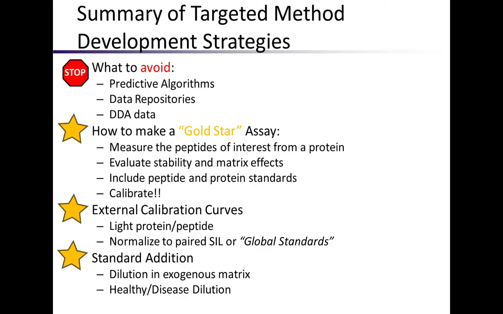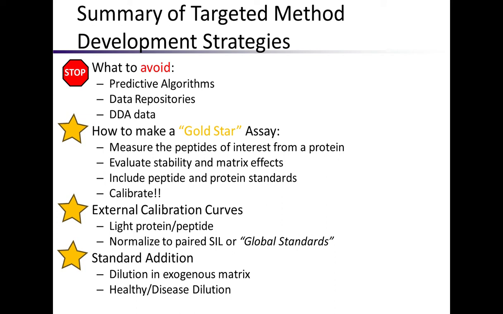So with that, I just want to summarize the important things about targeted method development strategies that we've talked about today. Things to avoid are predictive algorithms, data repositories, and DDA data. These don't accurately reflect what you're going to see by SRM.